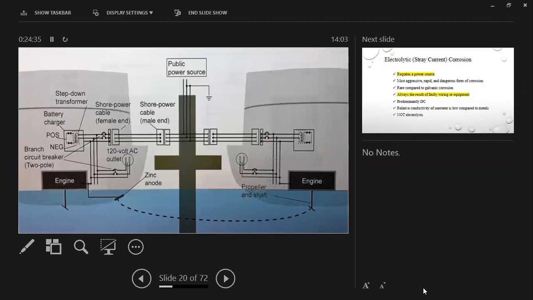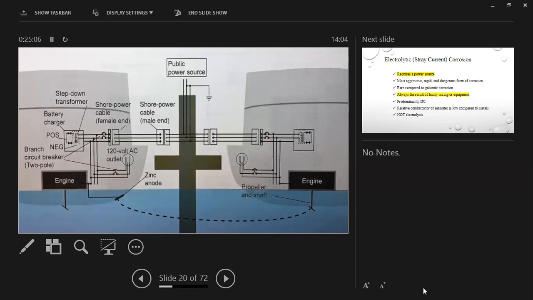All of a sudden, you've got a galvanic cell set up between your zinc and his running gear. So this is a case where a shore power system can aggravate a galvanic corrosion issue on your boat. Your boat can be properly wired with sacrificial anodes so that by itself it would have no problems at all, but the boat next to you could easily cause a problem.